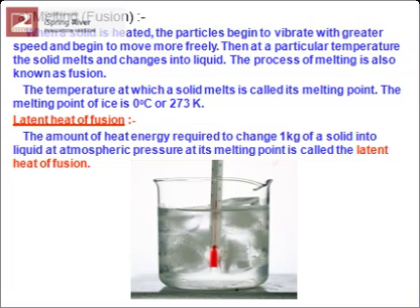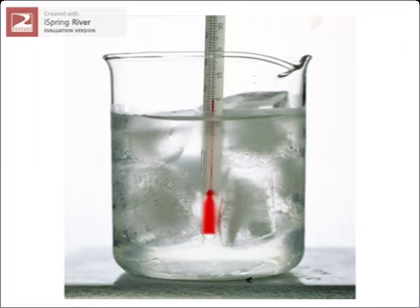Now children, at one stage, I am applying the heat but the temperature is not increased. As I told you, whatever heat I am applying is used to convert it into liquid state. So whatever extra heat we are giving, it is used to break down intermolecular force. It is not used to increase the temperature. This particular heat is called latent heat of fusion.